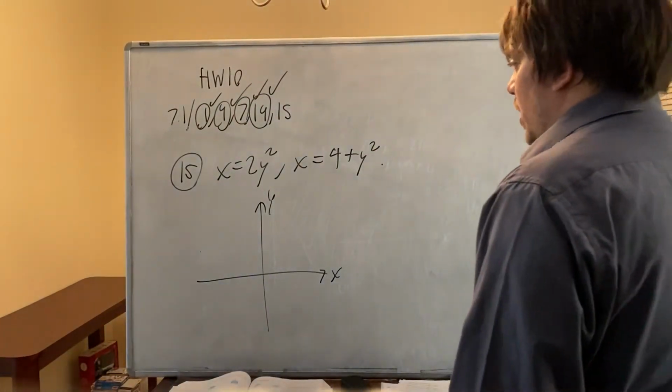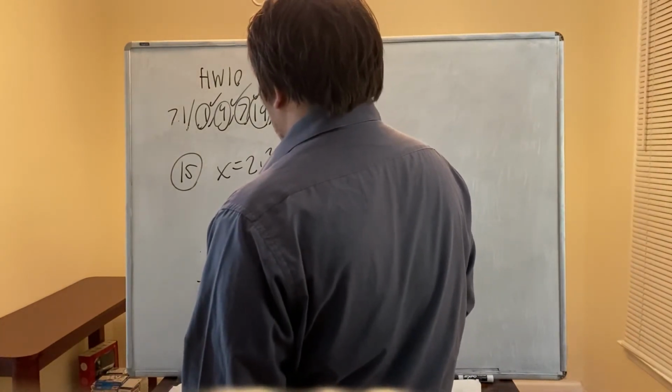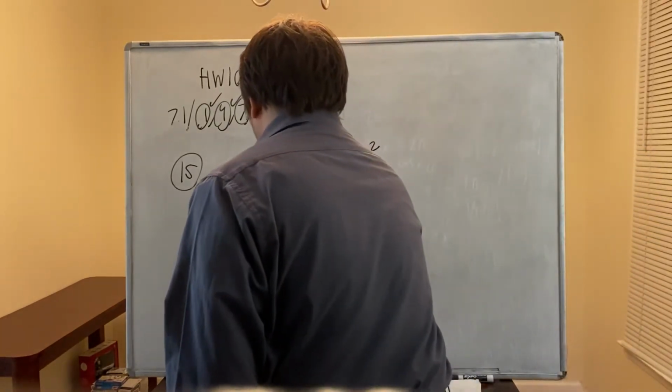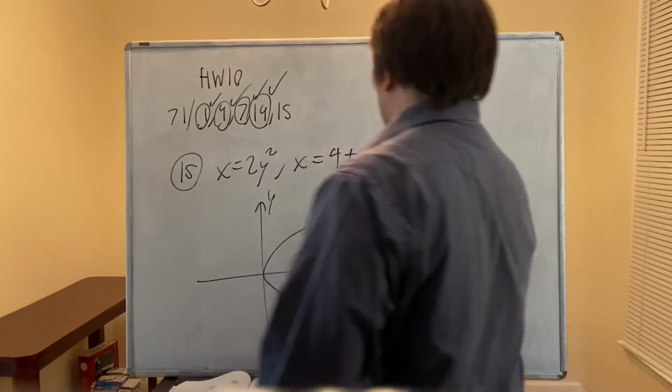So x equals 2y squared will look like this. X equals y squared is a right-facing parabola. That's x equals 2y squared.